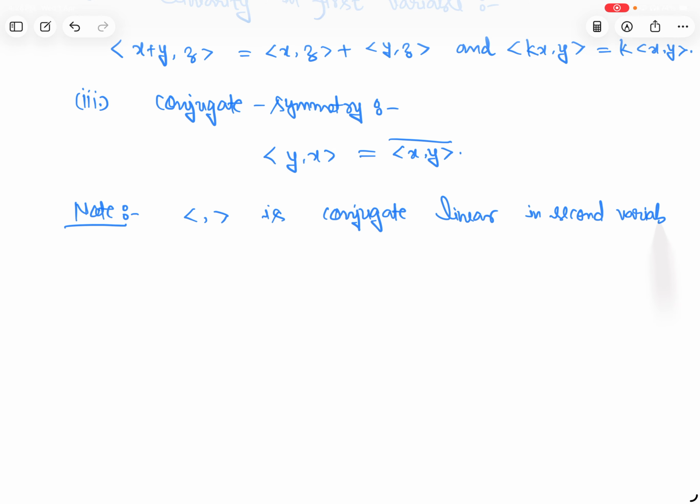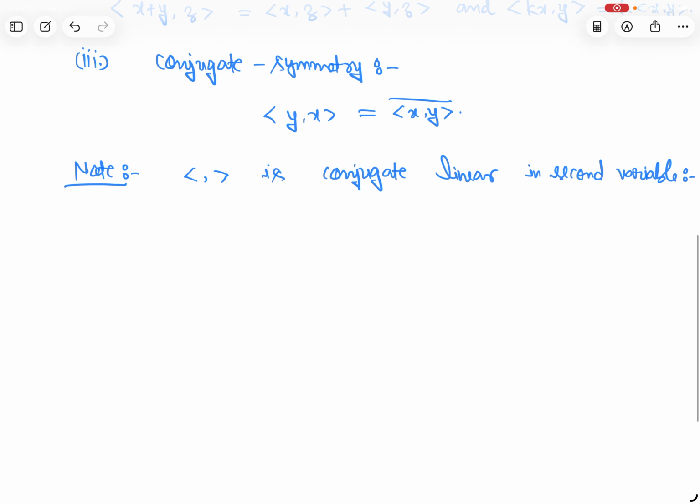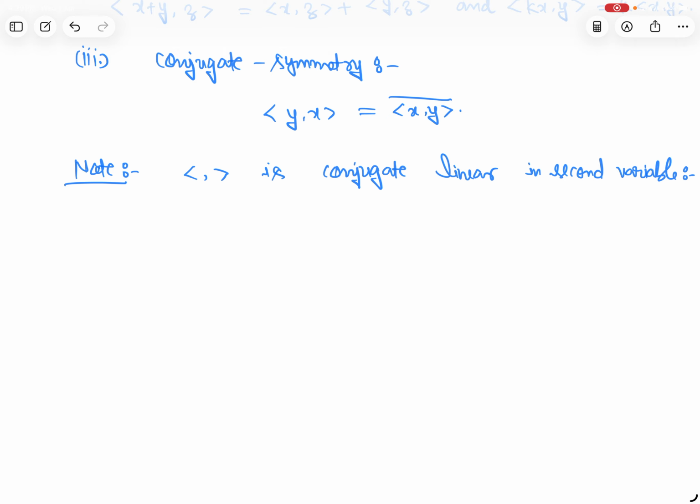Conjugate linear in the second variable. Okay, how?